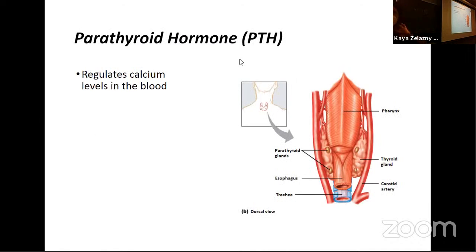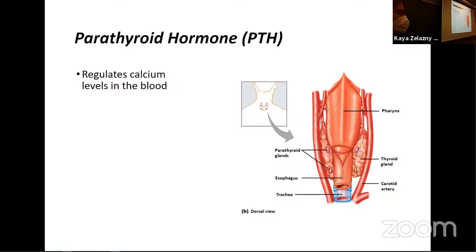Okay. Brief side note about parathyroid hormone. So that's PTH. Parathyroid glands are these tiny little things that sit on top of the thyroid. They're actually really important. They just have the one job to regulate calcium levels in the blood, but that is actually very important because our calcium levels are controlling those calcium gradients, which you've seen are important for our neurons, and also important for our muscle cells.